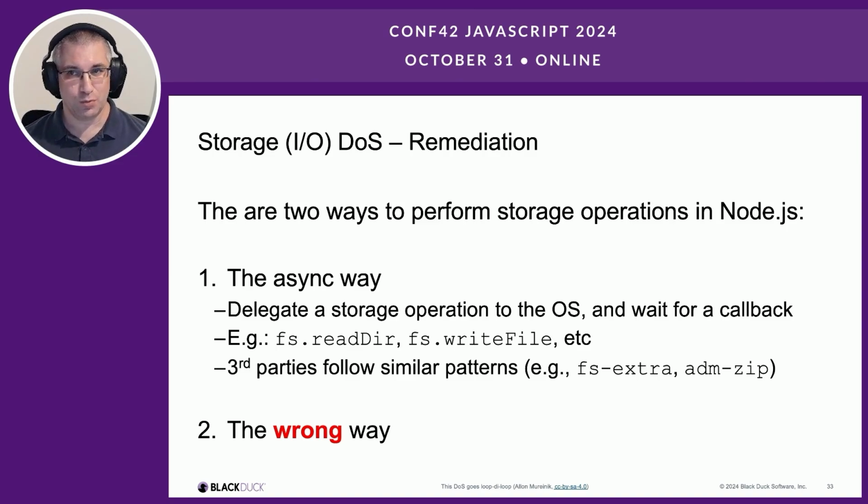Now, it's often more convenient to code like this because you aren't messing around with callbacks or promises and everything is just straightforward. But the price you're paying is that you're blocking the event loop. Now, this sometimes can be okay, especially in the context of the application starting up and it's not serving user requests, etc. But if you are in the context of a user request, any API that declares that it's synchronous and blocking the event loop should simply be out of the question. It should be something that you don't use and don't even consider using.